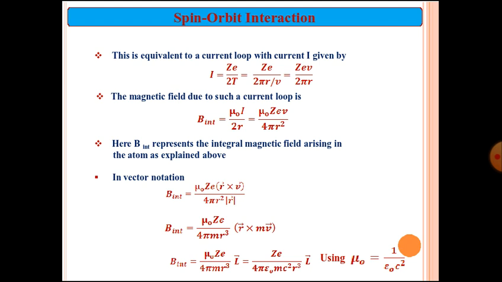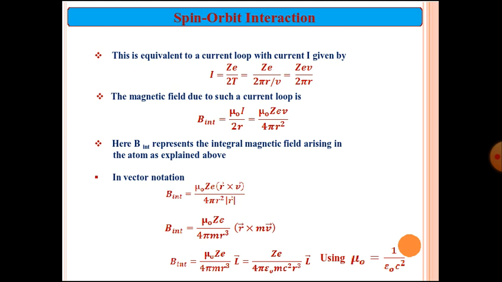The strength of the interaction depends on the direction of the magnetic field, which itself depends on the spin of the electron. Thus, the interaction is spin dependent and is termed spin orbit interaction.